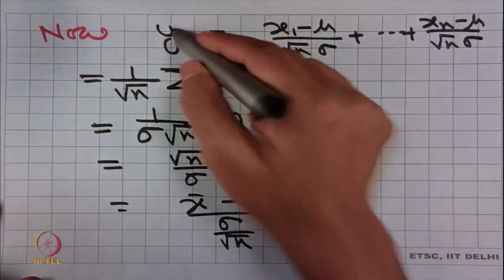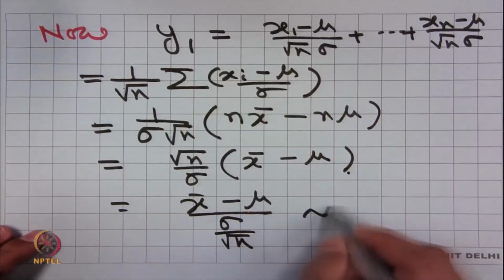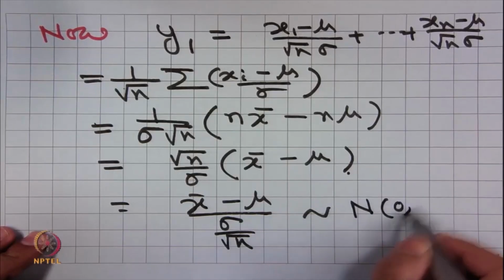And since y1 is normal 0 1, this is normal 0 1 as well.